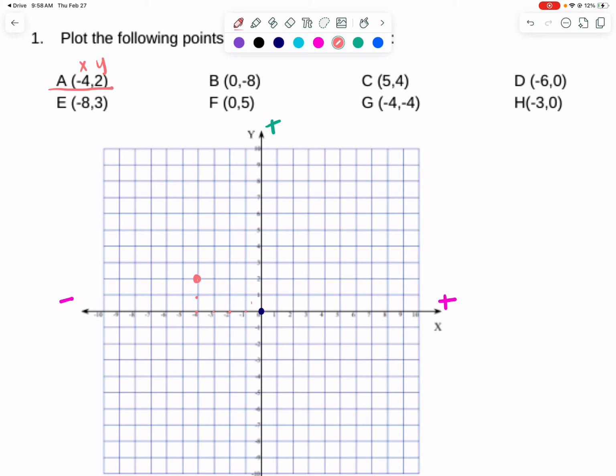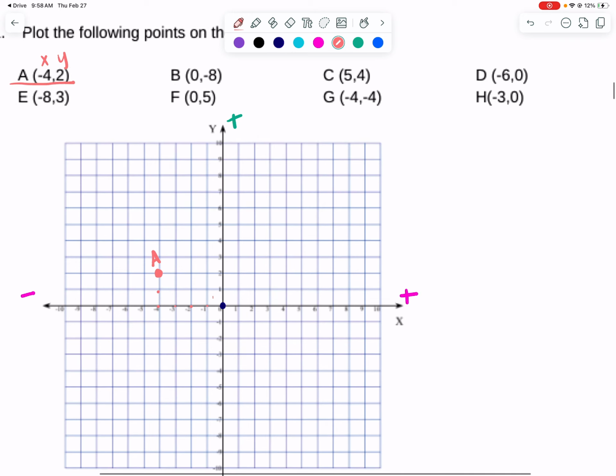And I'm going to call that one point A. B says 0, negative 8. So I'm going to stay at 0 on the x. I'm not going to go left or right. I'm just going to go down 1, 2, 3, 4, 5, 6, 7, 8 to locate point B.